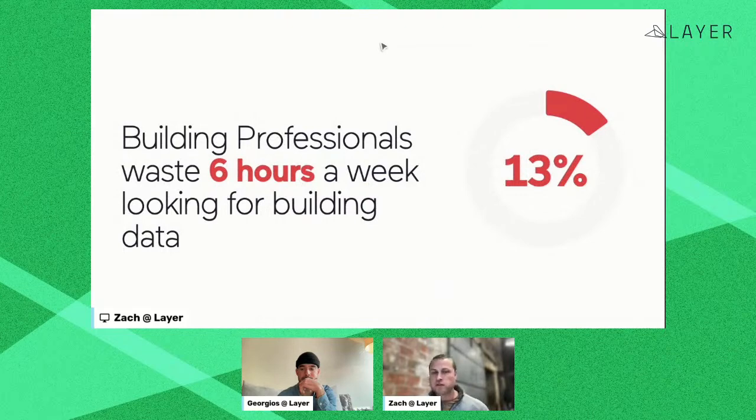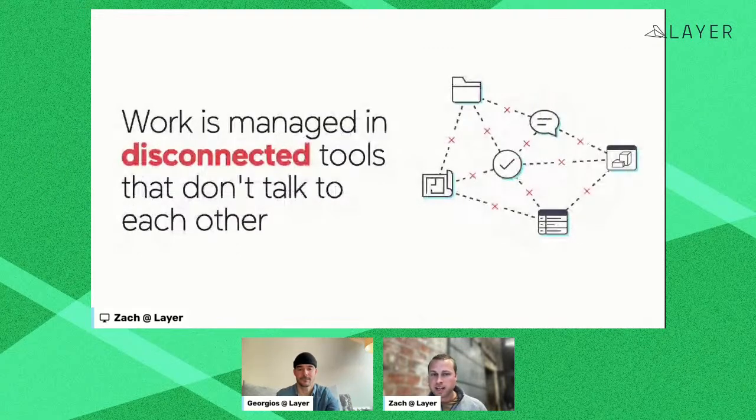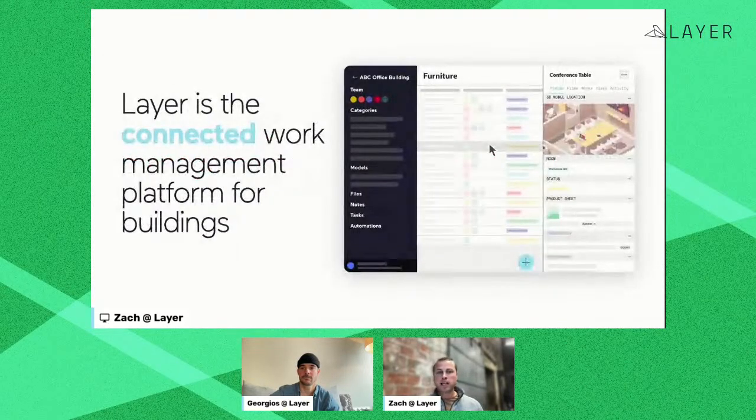So for those of you who aren't familiar with Layer, Layer is really a response to this problem that we identified. Building professionals waste about 6 hours a week looking for building data. And we think a major culprit in that is that work is managed in disconnected tools that don't talk to each other. So Layer was really built to be the connected work management platform for buildings.